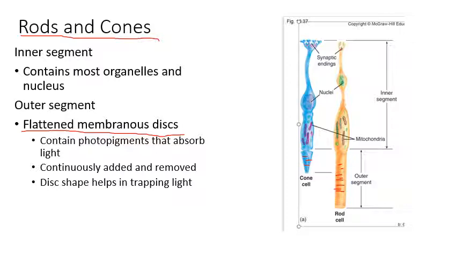And this is what's going to have these photopigments. These pigments in here are what are going to trap or capture the light to stimulate these photoreceptors. And what we're going to see is there are different pigments to pick up different wavelengths of light.